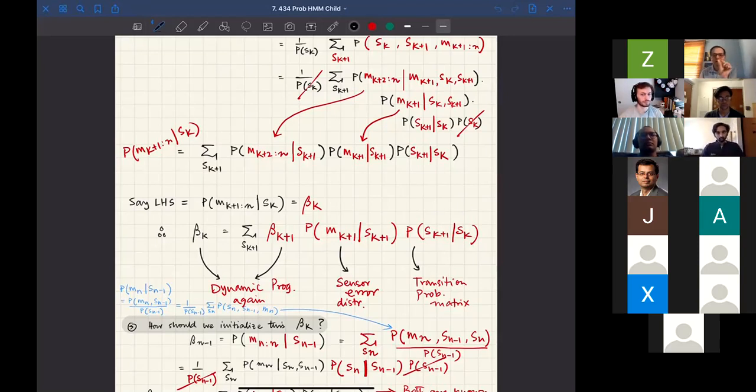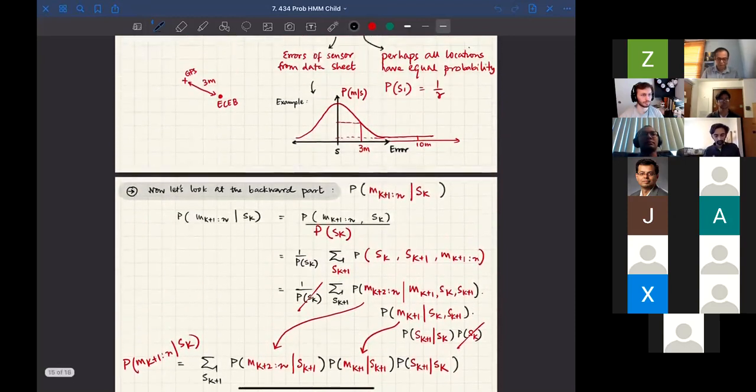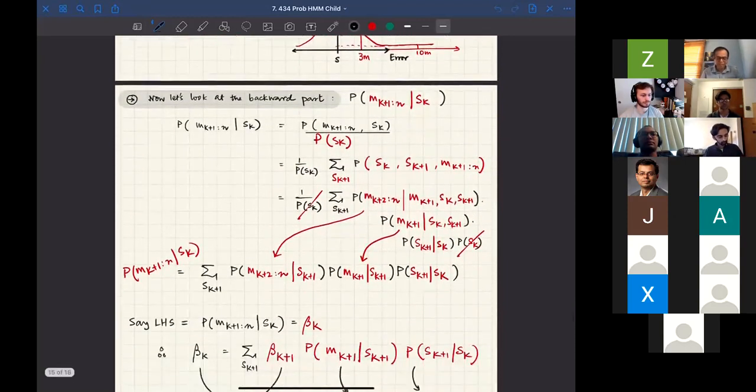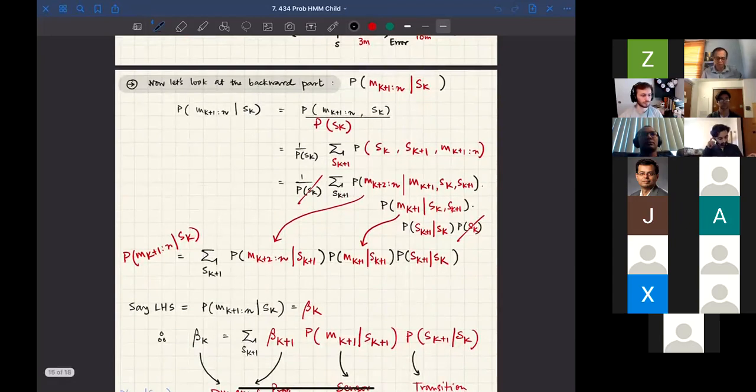But the pillars are usually few. You get a few things right, everything else falls in place. So I hope this is intuitively clear to you and even mathematically clear to you.